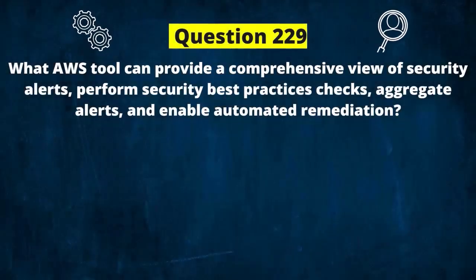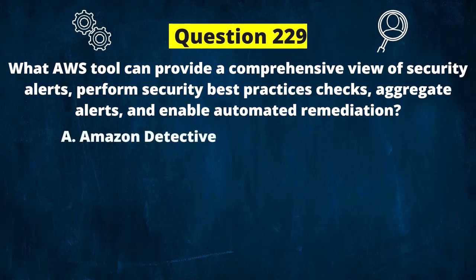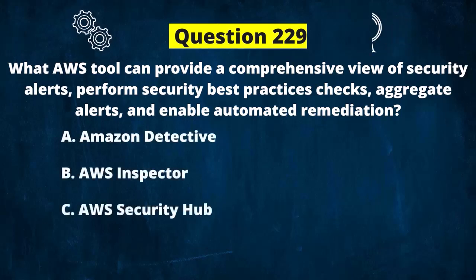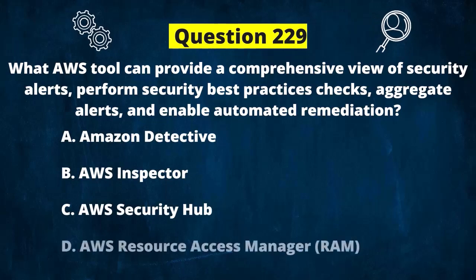Next question. What AWS tool can provide a comprehensive view of security alerts, perform security best practices checks, aggregate alerts, and enable automated remediation? And the options are A. Amazon Detective, B. AWS Inspector, C. AWS Security Hub, D. AWS Resource Access Manager.